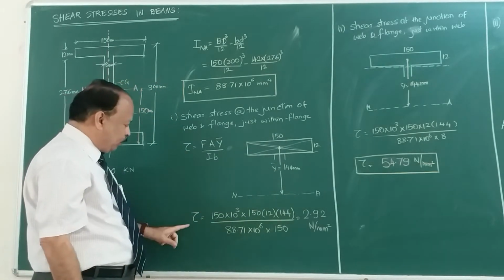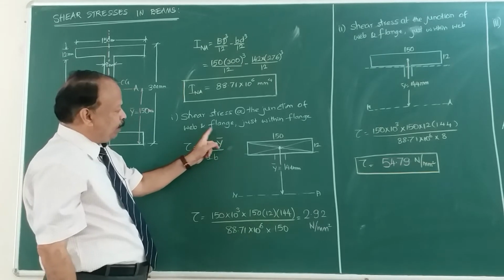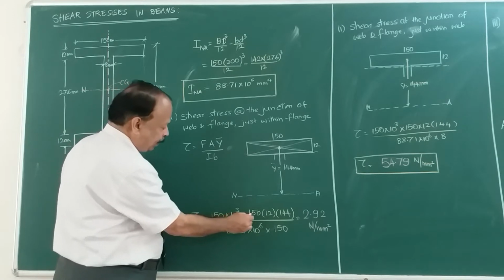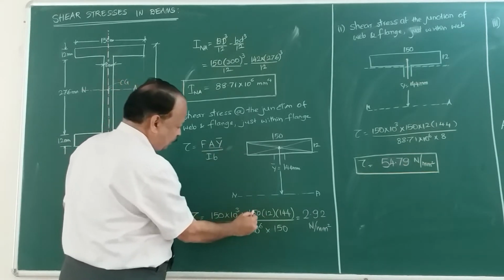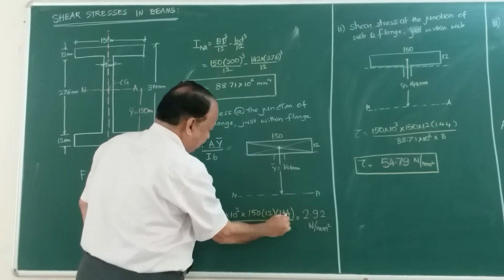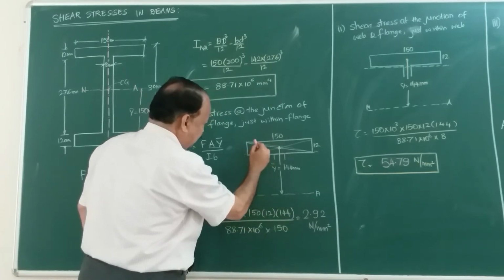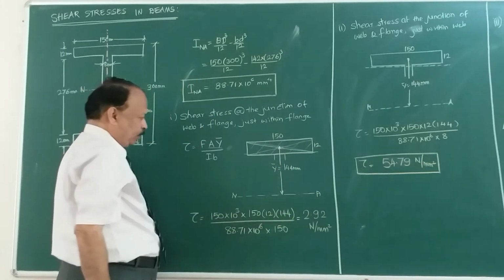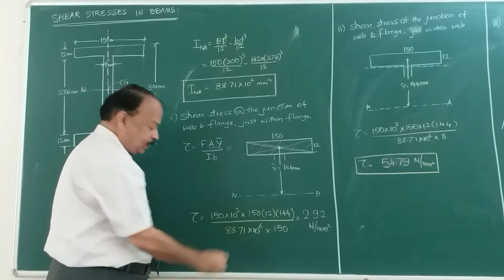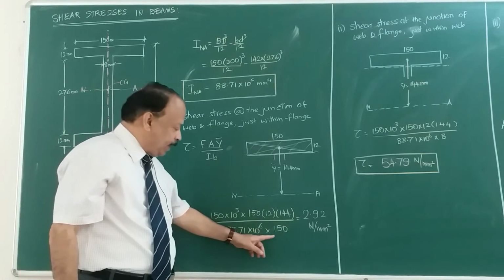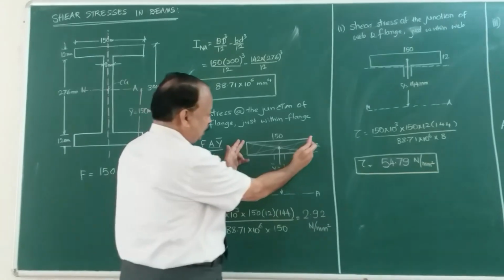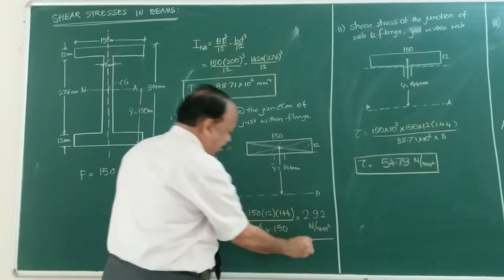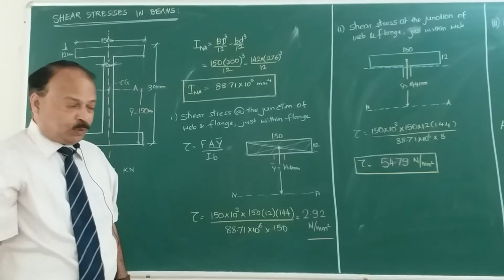Here tau, the shear stress at the junction of web and flange just within the flange, is equal to F, 150 kilonewton, multiplied by A y bar, where A is 150 by 12 and y bar is the distance of the centroid of this area from neutral axis, that is 144, divided by I, which is 88.71 into 10 raised to 6, and B is now 150 millimeter. On calculation we get the shear stress as 2.92 Newton per millimeter square.